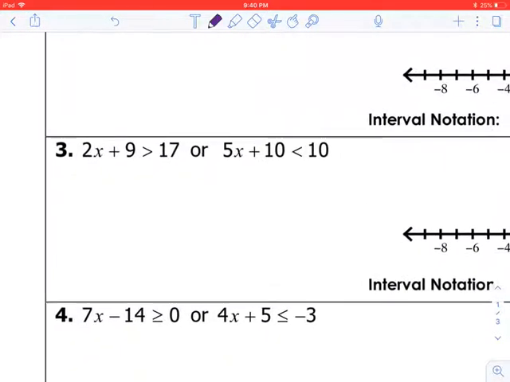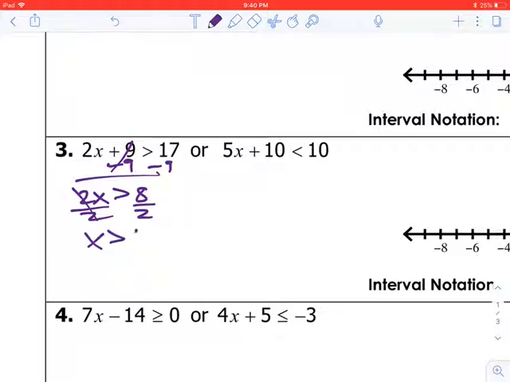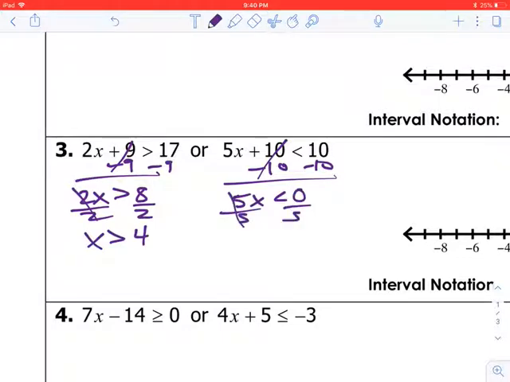So number 3, same deal. I've got to solve both of these separately. So I subtract 9, I get 2x greater than 8. Divide by 2, get x is greater than 4. And then here I subtract 10 to both sides, I get 5x less than 0. Divide by 5, x is less than 0.